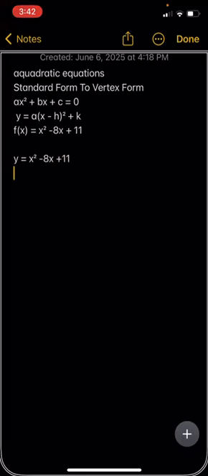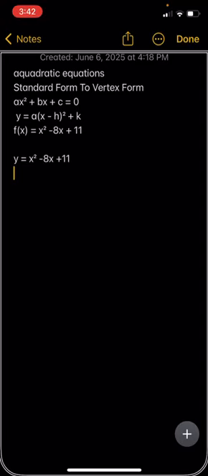Now, when we're using the completing the square method, we want to ensure that our leading coefficient is 1. In this case, it is 1 because the first term in the equation is x squared.